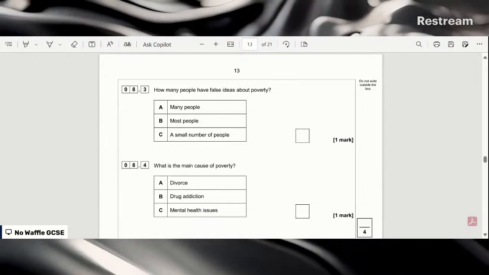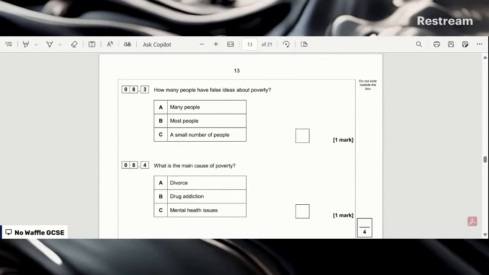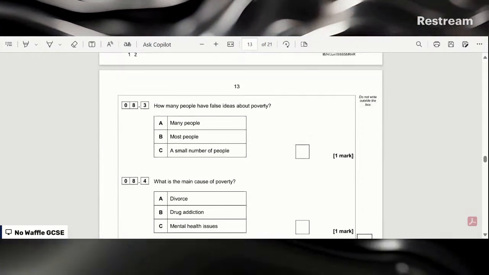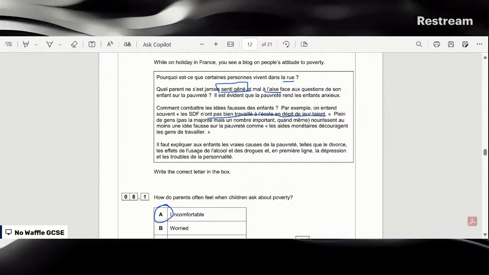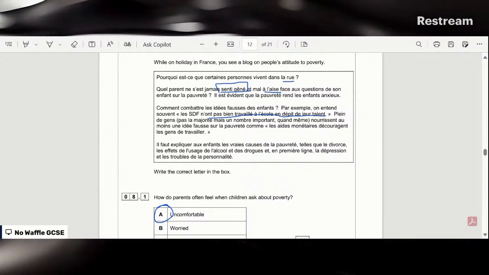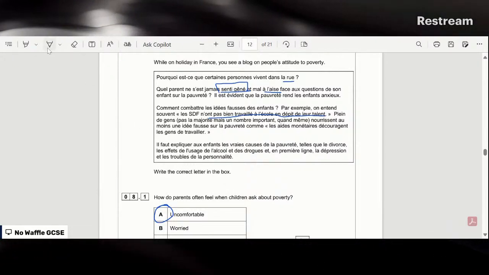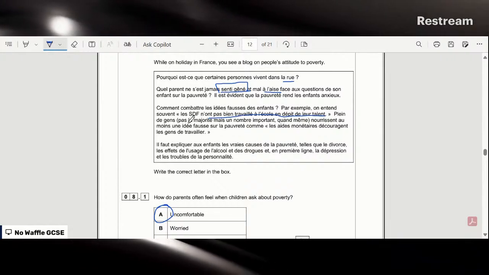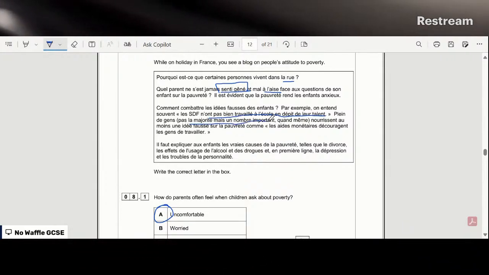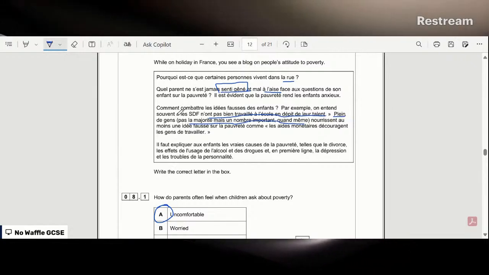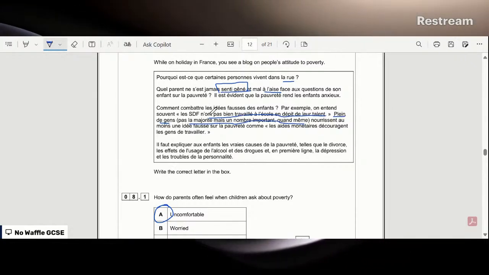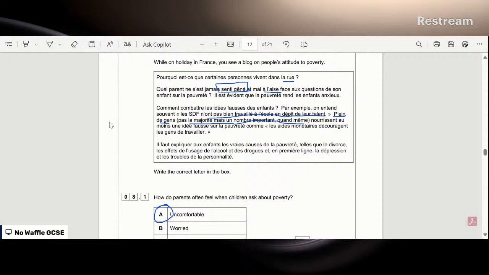Okay, how many people have false ideas about poverty? Many people, most people, or a small number of people. So, la majorité, mais un nombre important quand même. So plein de gens, which means just a lot of people, and it says the majority here.